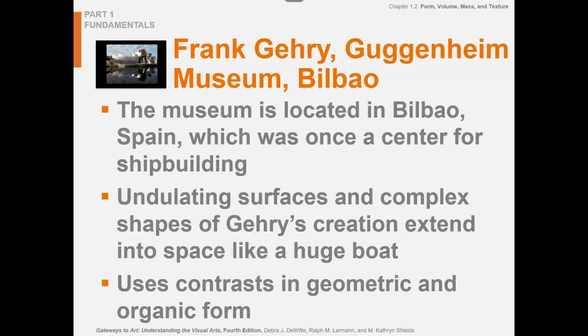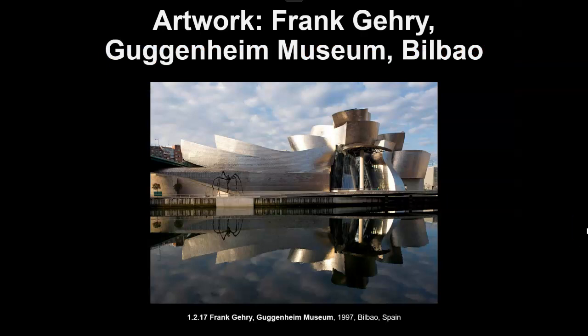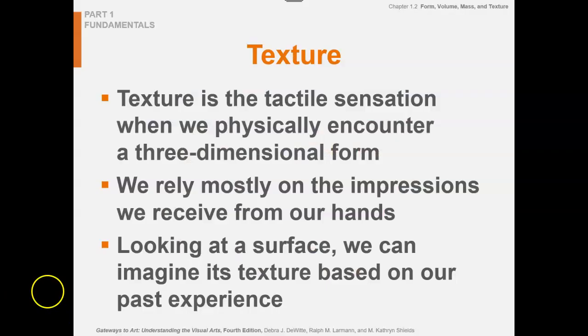So he tried to create this building and extend that into the space like a huge boat, so that it ties into that environment. This is a good example of how an artist uses form to represent an idea in the artwork, trying to build it in and blend into the environment.